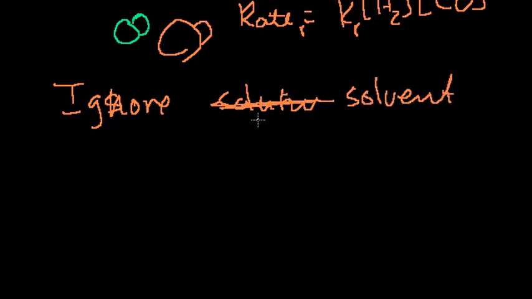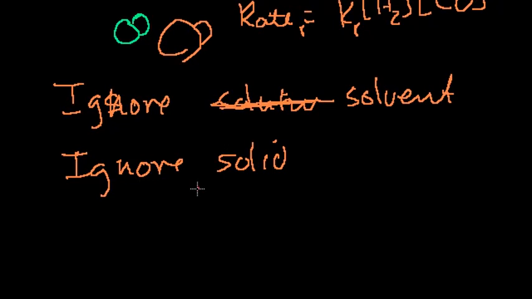In that first example with boron trifluoride, water was the solvent, so I ignored it because water is everywhere. And you also ignore the solid state. Ignore the solid. Anyway, we'll probably use these in future things where we actually calculate the equilibrium constant.